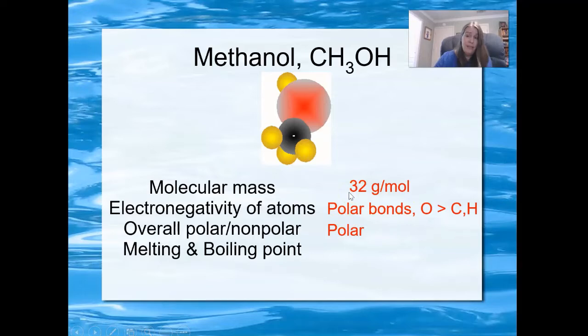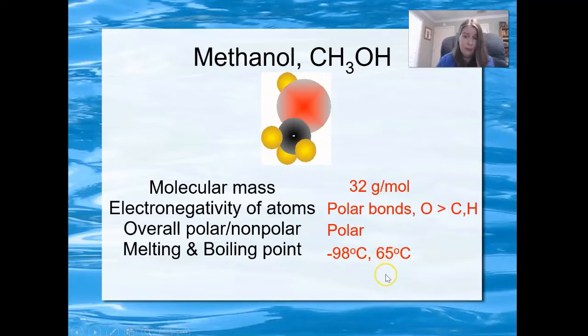And you know how I said that water had a surprisingly high boiling point for its size? Well, methanol is almost twice as massive as water. But look at its melting and boiling point. The melting point here is almost 100 degrees lower than the melting point of water.